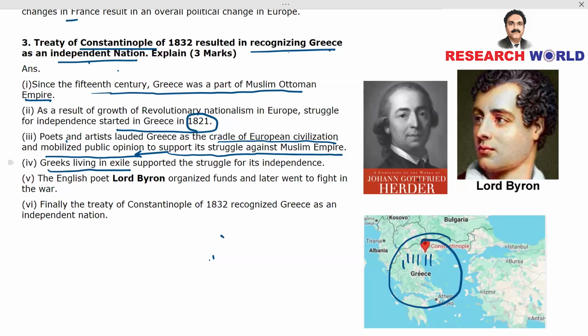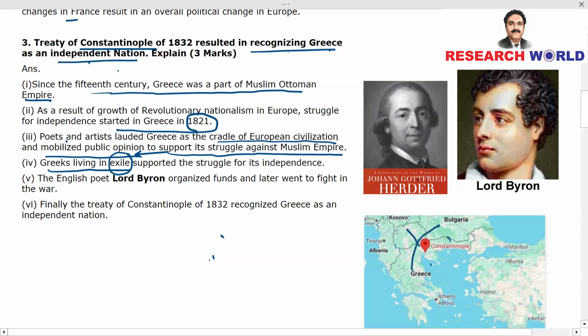Greeks living in exile. See, Greeks living in exile. What do you mean by living in exile? Greeks who migrate to other countries, maybe fearing repression from the Ottoman Empire, fearing for their lives. They migrate to different parts of Europe, and they are called Greeks living in exile.